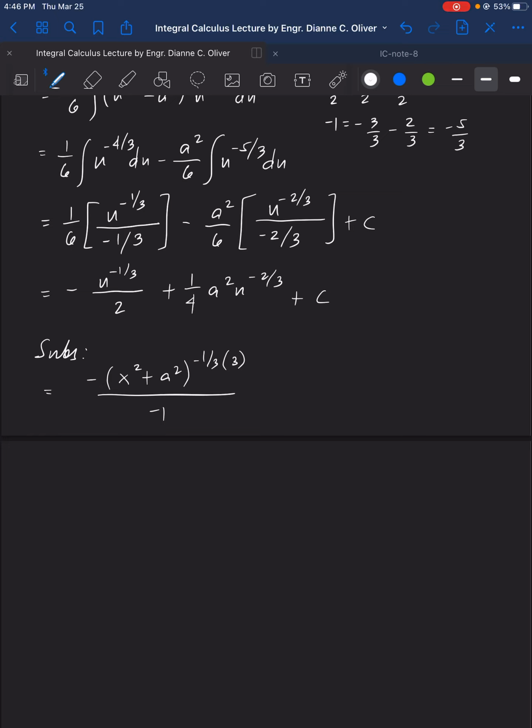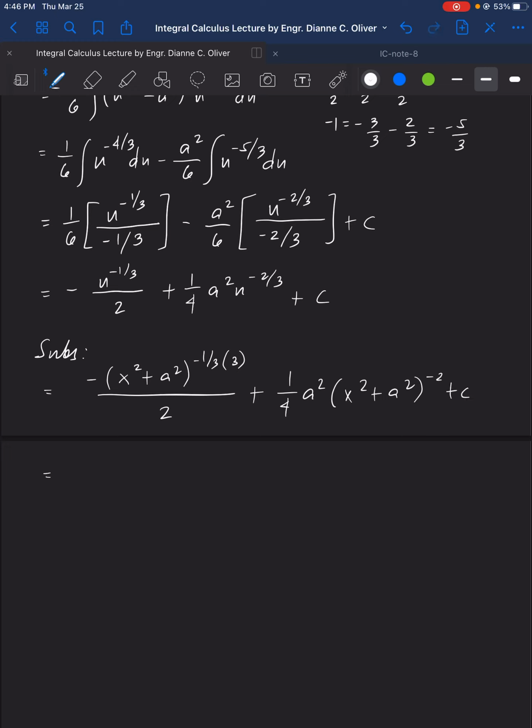Oh, it's negative 2. Sorry, this becomes negative 1. Plus 1/4 a squared, then x squared plus a squared becomes, what is negative 3? Multiply this with 3, negative 2. Right? It's negative 2 plus c.